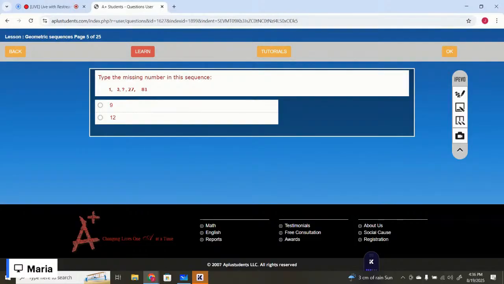That is 9. Option number 1 is the correct option. The missing number is 9.